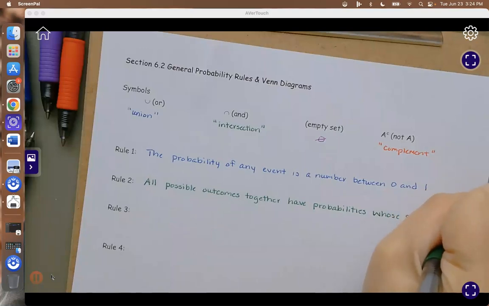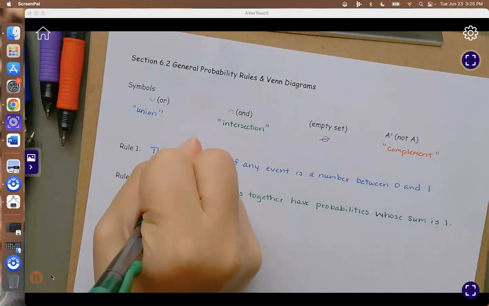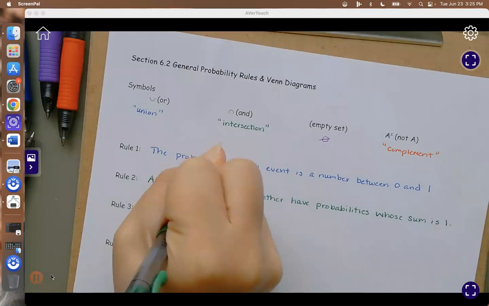So if you add up all the probabilities for a whole thing together, they have to total 1. It's kind of like a pie chart. All your percentages have to add up to be 100%. Same thing there. So you would say the probability of any sample or any situation would be 1.